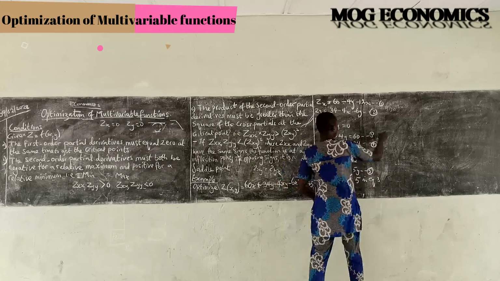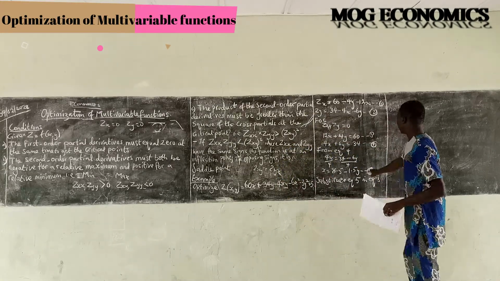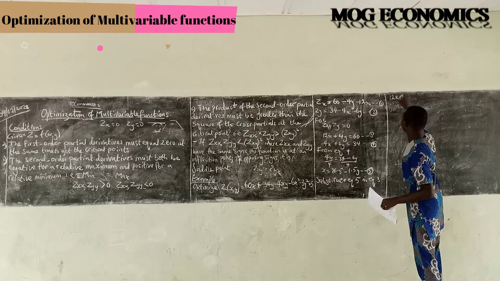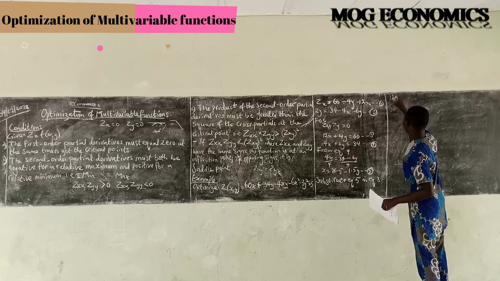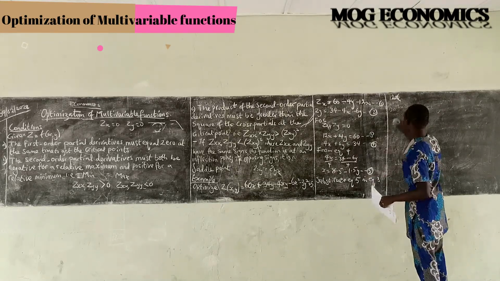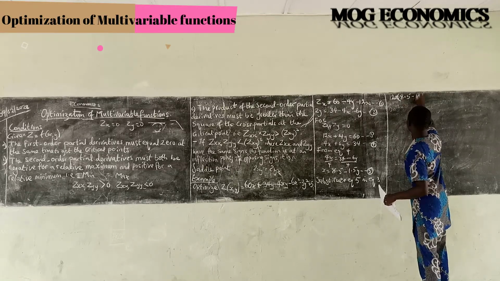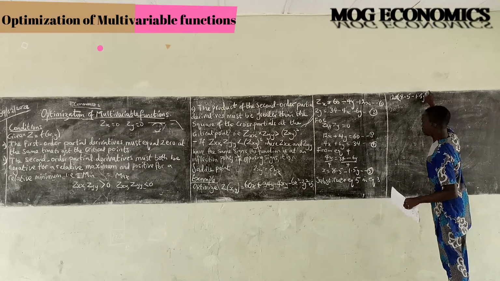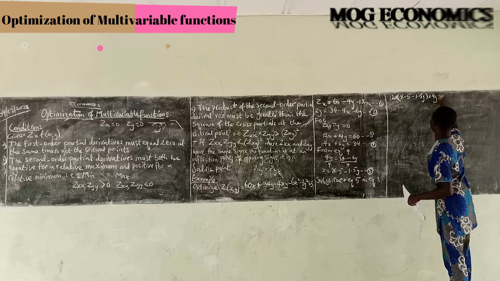When you substitute equation 5 in 3, you're having 12x, and 12 is the x now. So 12 into brackets, 8.5 minus 1.5y, then plus 4y equals 60.